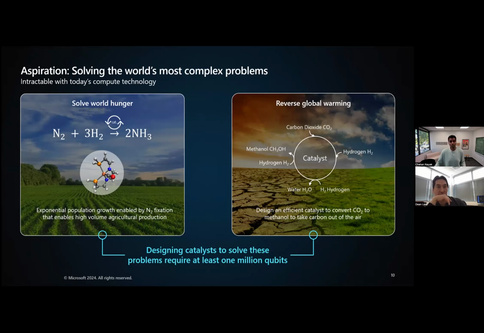All the efforts to do as well or better are based on trial and error, mostly because we don't have the ability to predictively simulate these chemical reactions that involve catalysts associated with nitrogen fixation. They're fairly large molecules involving transition metals, so they're very hard to simulate. We can't really simulate them on a classical computer.